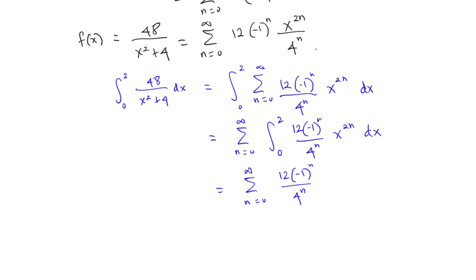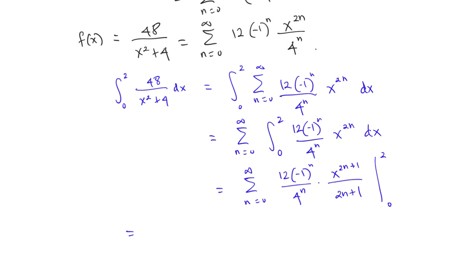So we can move that to the front of the integral. The antiderivative of x to the 2n is x to the 2n plus 1 over 2n plus 1. And this is the definite integral. We evaluate from 0 to 2.